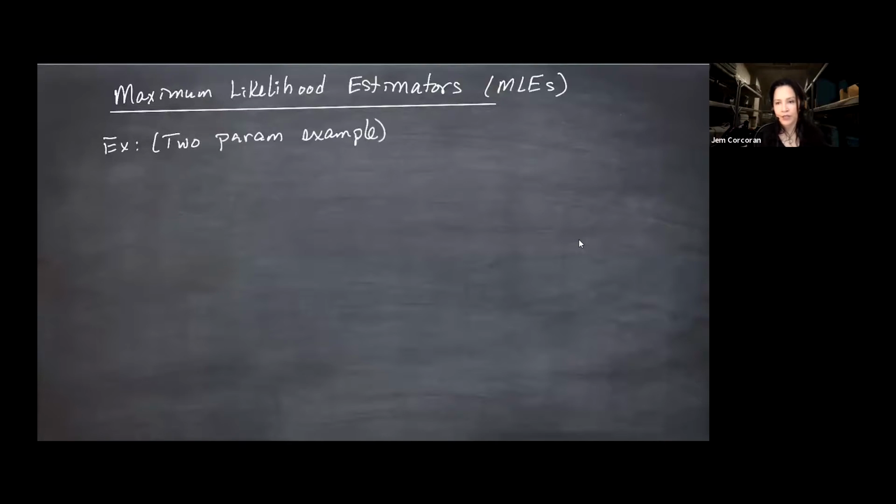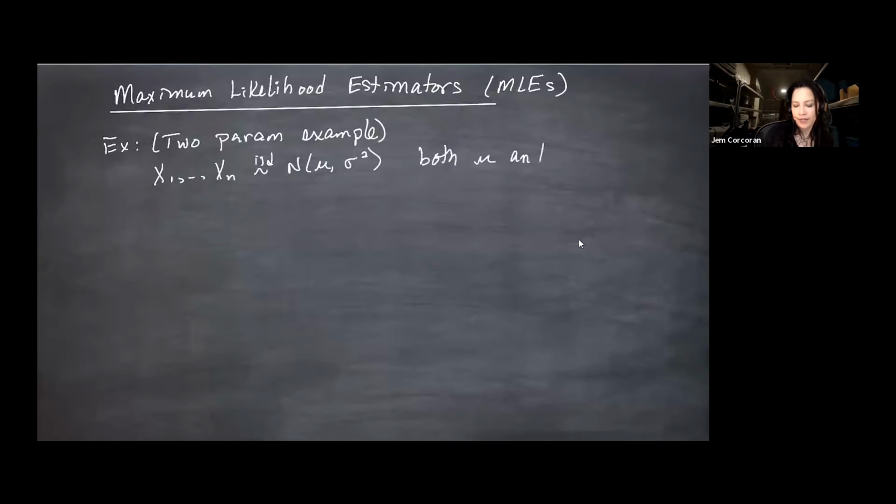And we started at the end last time. I said I wanted to do the normal distribution with both parameters unknown. So both mu and sigma squared unknown. And we want to find MLEs for mu and sigma squared.